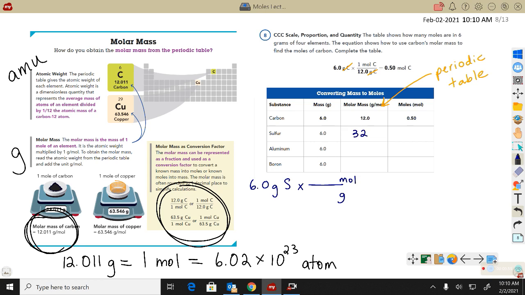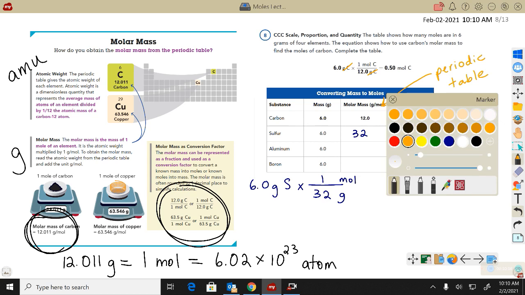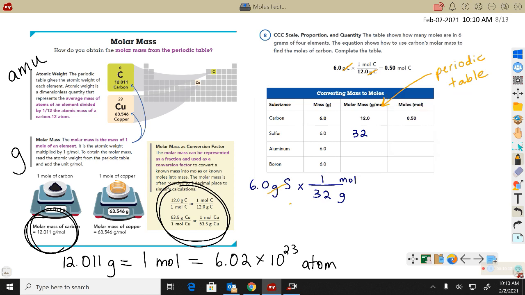32 grams per mole. Well, you can use that then as a conversion factor. It's 32 grams for every 1 mole. And when I put the unit in first, then I feel like I know where to put the numbers. 32 grams per 1 mole. Oh, now I can cancel grams. And sometimes you might have to plug it in your calculator.